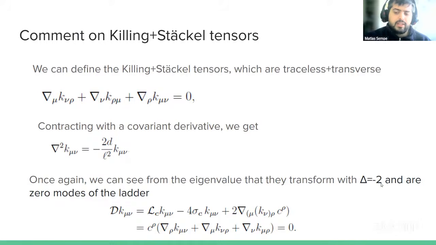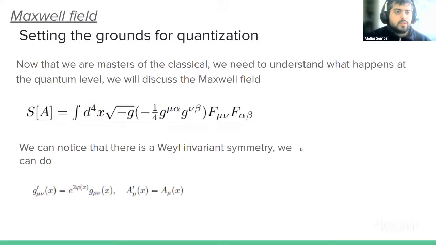This one has delta equal -2. Again, we see a pattern that if we generalize this to dimension to the spin s, we'll get a spin here, it seems like. And we get, again, that those are zero modes of the ladder. So this is just a curiosity.